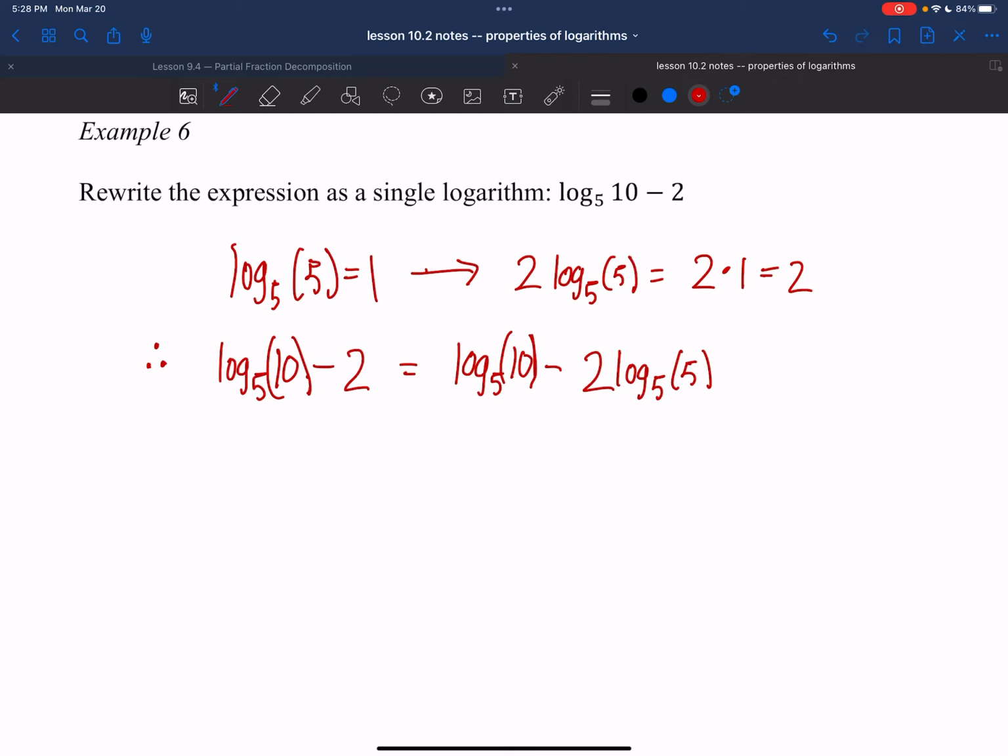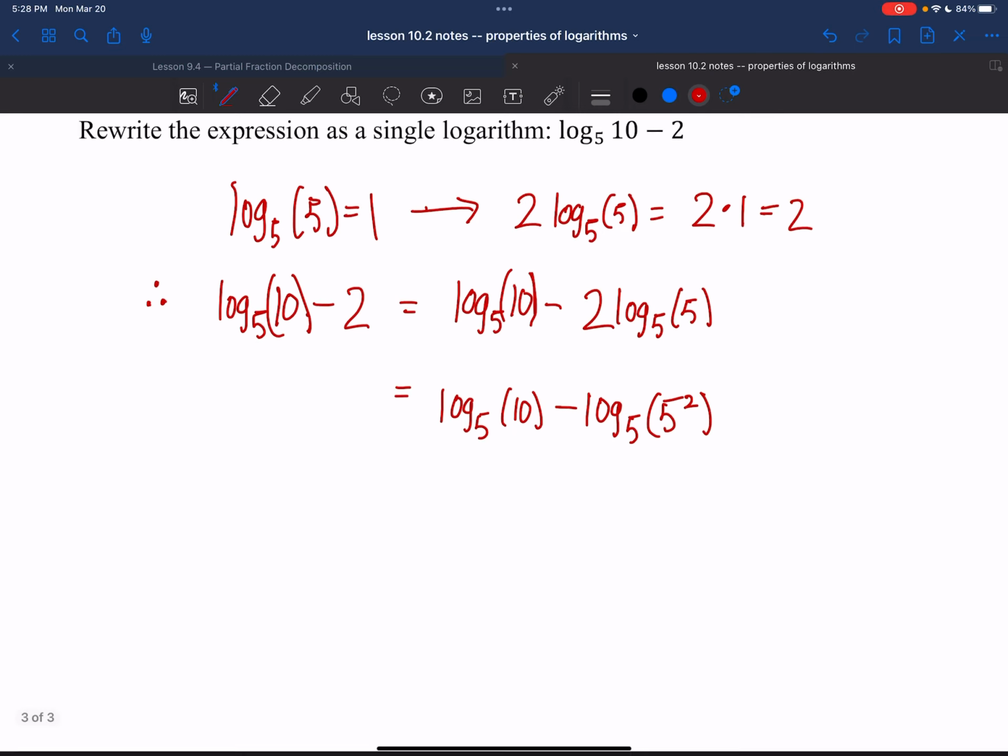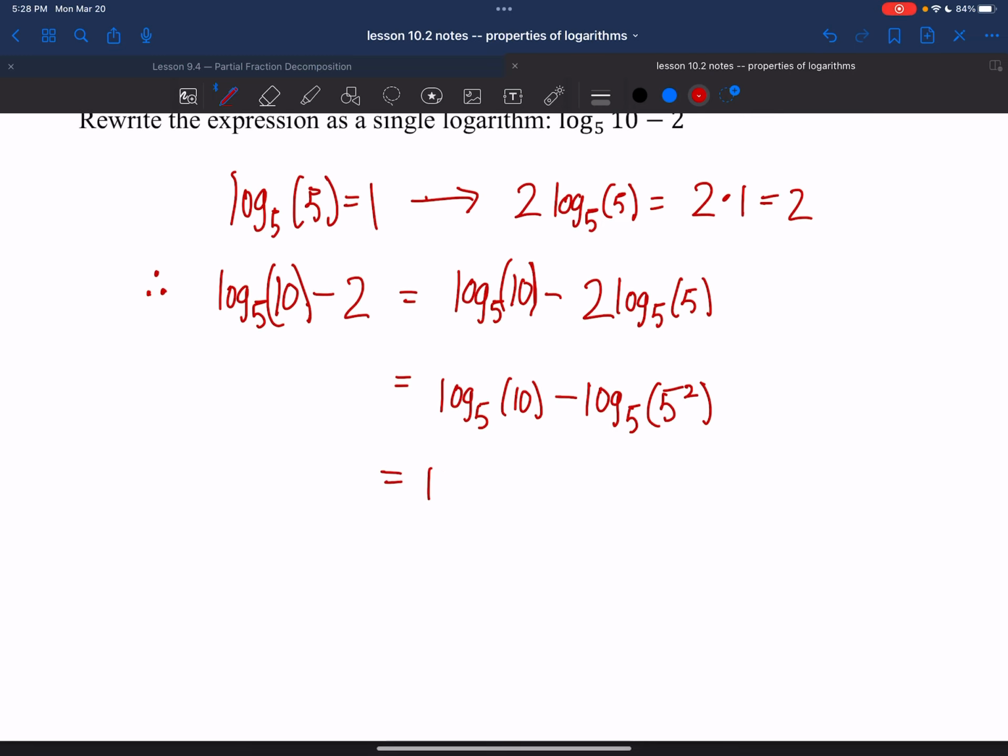And now, brain fart, sorry, Mr. Spake's thinking. Use the power rule, put the 2 as an exponent. So say log base 5 of 5 squared. So that says 25, right? So this is actually log base 5 of 10 minus log base 5 of 25. And since I'm doing a subtraction here, that's quotient rule.